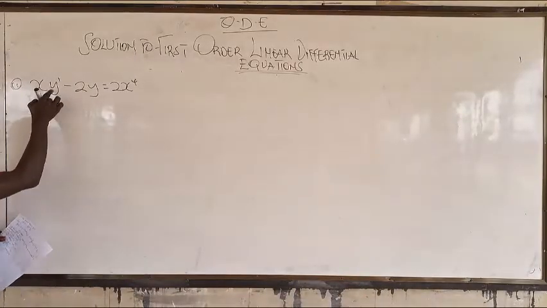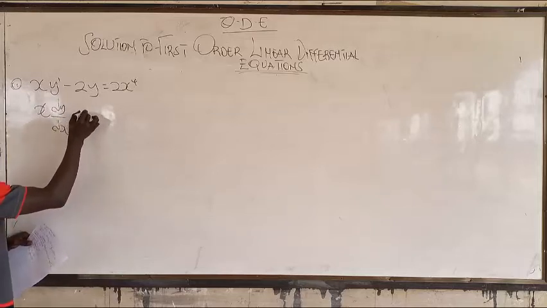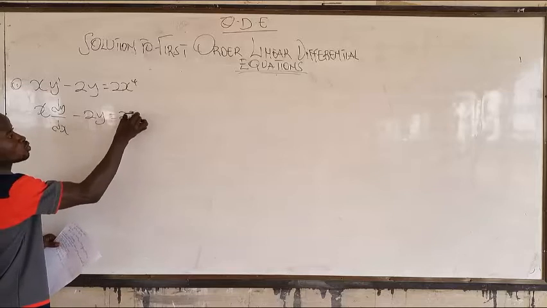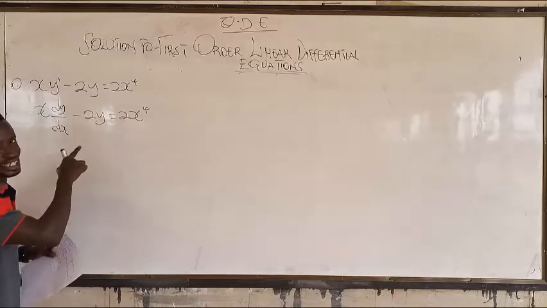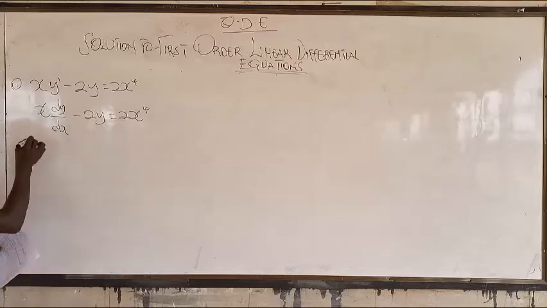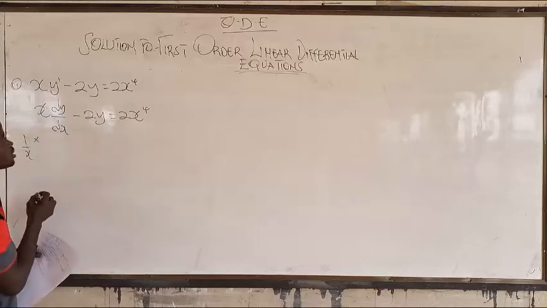So y prime, which is the same as dy/dx, minus 2y is equal to 2x to the power 4. So for us to make it non-homogeneous, we multiply through by 1 over x. I think we have done this already, similar to this. Okay.